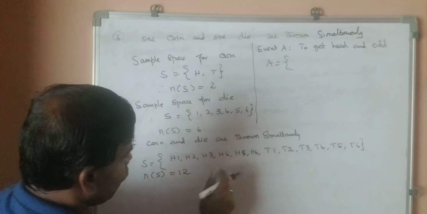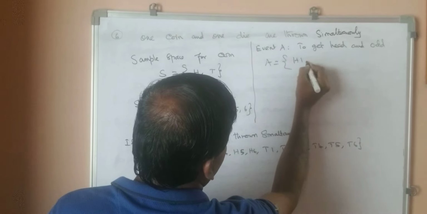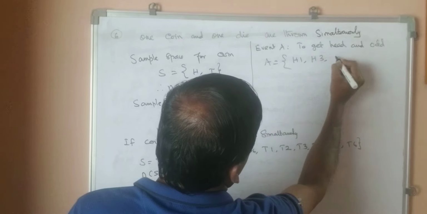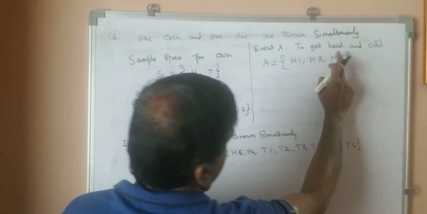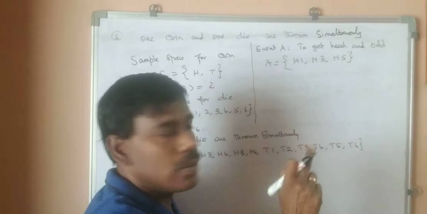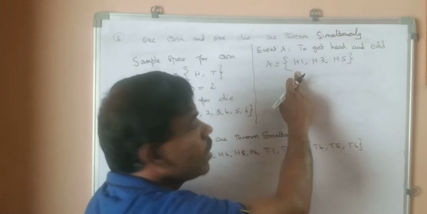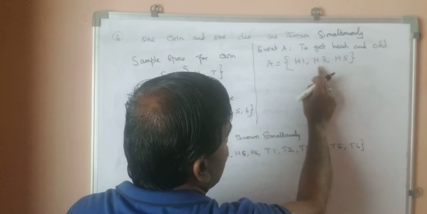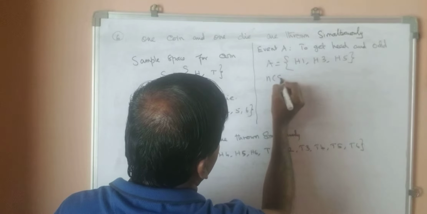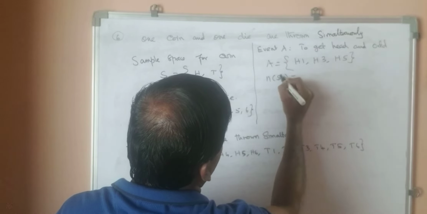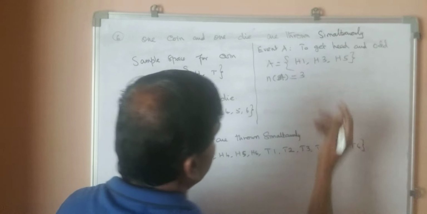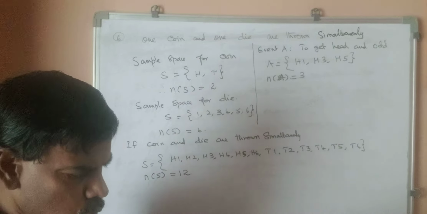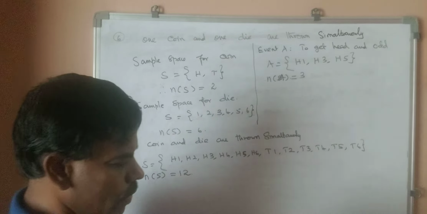H3, H5. So, H1, H3, H5. See, first condition is what? It should be head. Yes, head is there. Second condition what? Odd number. 1, 3, 5. So, what is the sample points in this? 3. Now, B. To get head or tail and an even number.